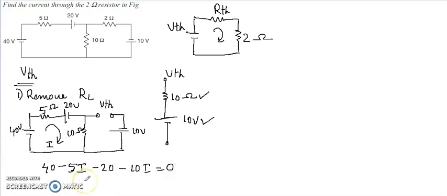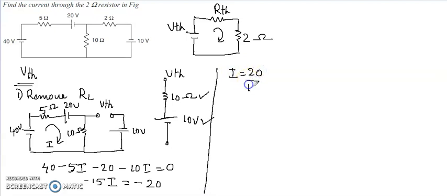So we will get minus 15I is equal to minus 20. Therefore, I is equal to 20 by 15, that is equal to 1.33 ampere.